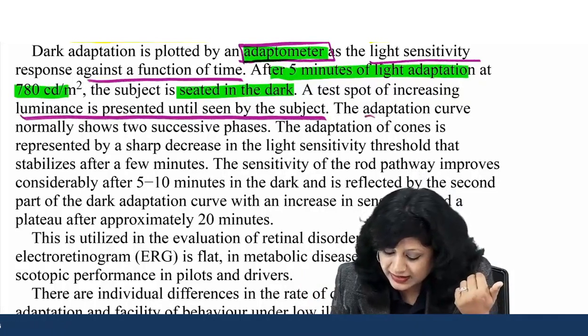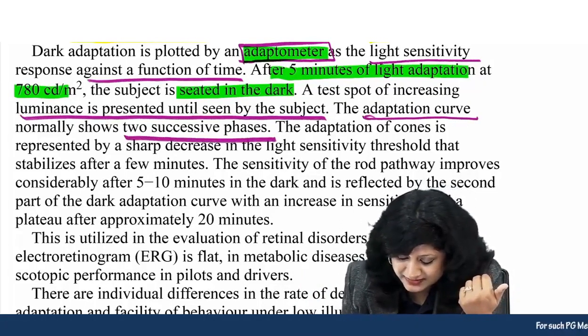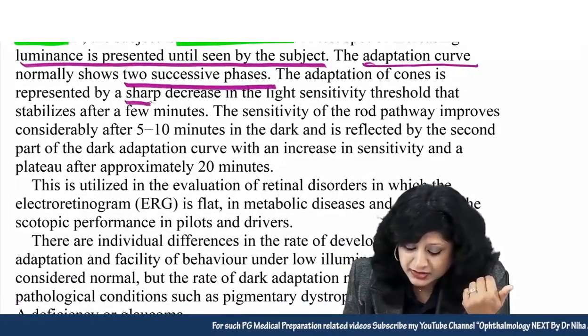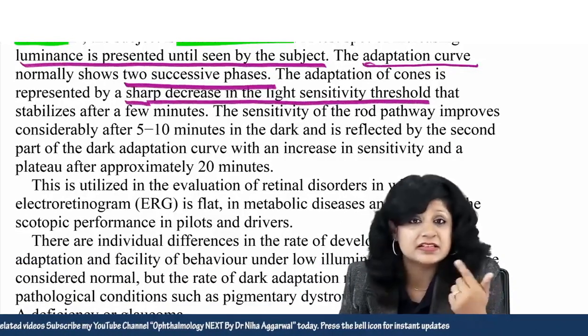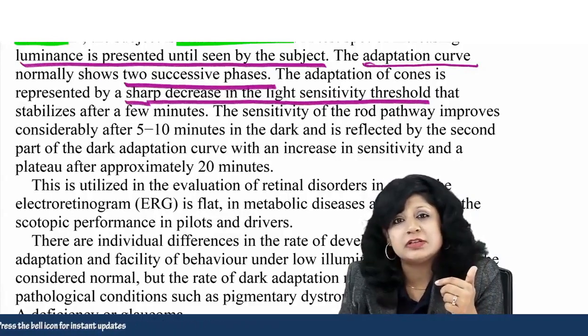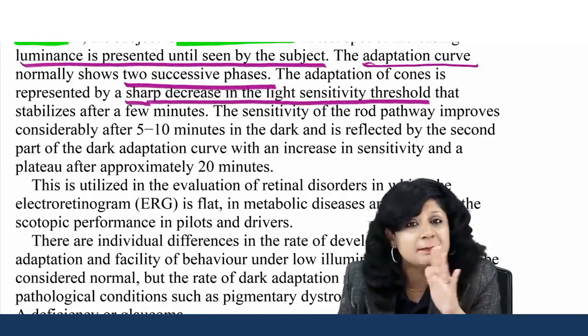The adaptation curve normally shows 2 successive phases. The adaptation of cones is represented by the sharp decrease in the light sensitivity threshold that stabilizes after a few minutes. Obviously, when the person is exposed to the dark conditions, the cone activity is being replaced by the rods.